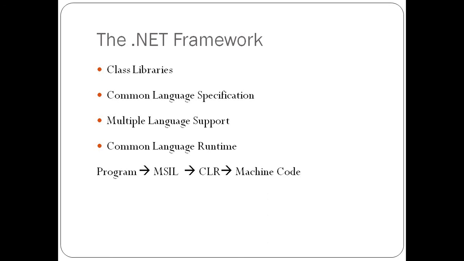The main task of CLR is to convert compiled code into native code or machine code. Basically, it is responsible for managing the execution of .NET programs regardless of the .NET programming language. It also helps in management of the code.